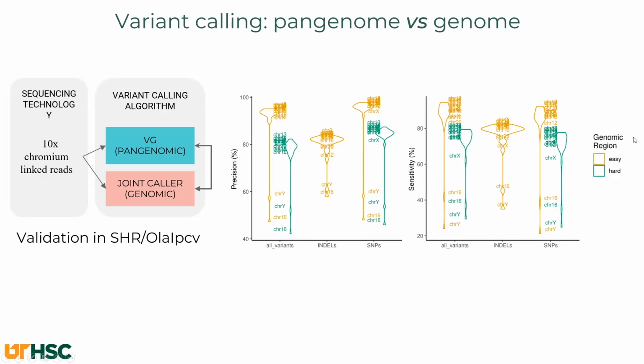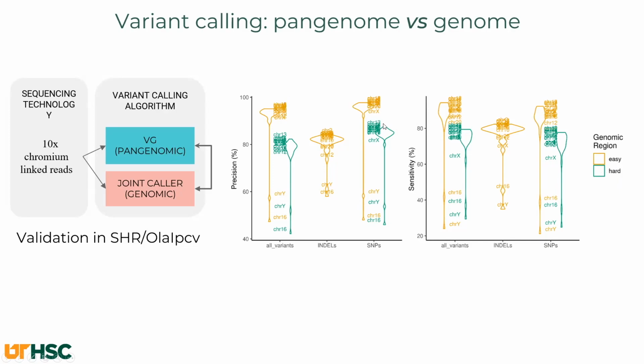The colors mean the easy region of the genome and the hard region. In the easy region, I tried to remove the complex repeats and complex rearrangements that we know by now. And for the hard region, instead, I considered the whole genome. And as you can see, for SNPs, in particular for the easy region, the precision is really high, near 100%.